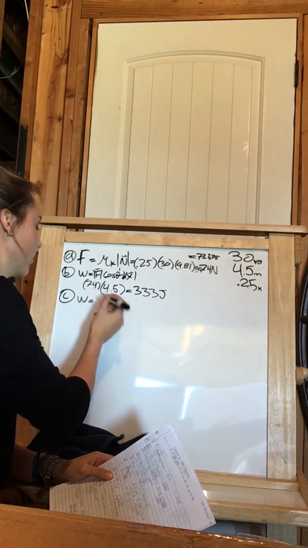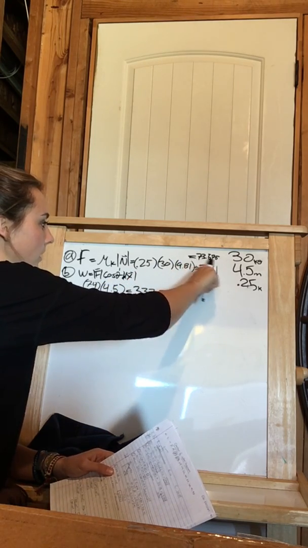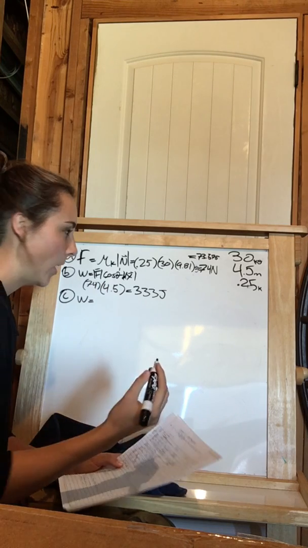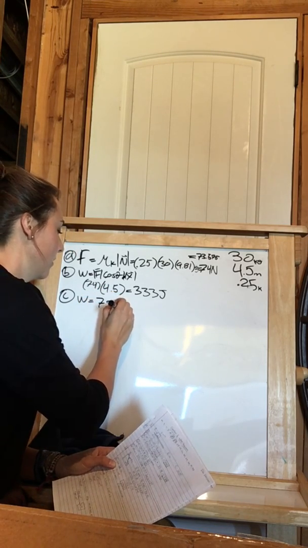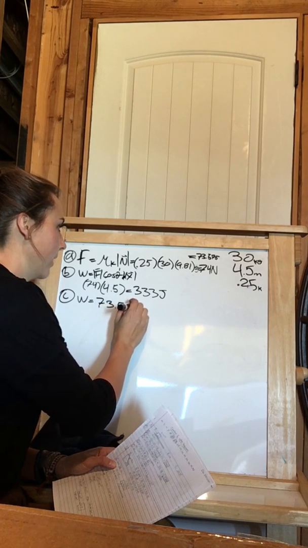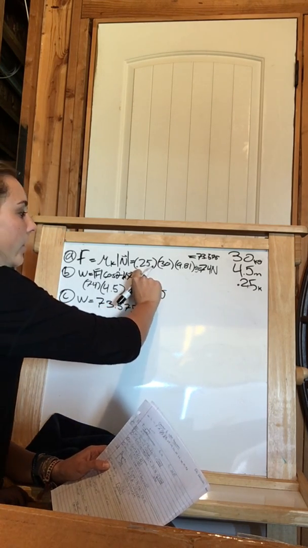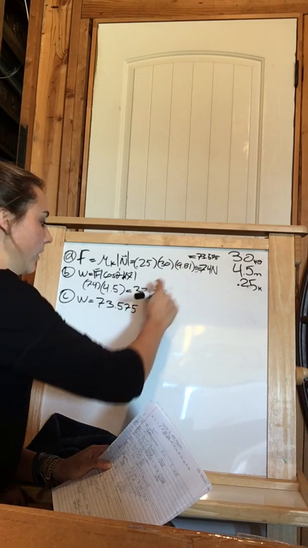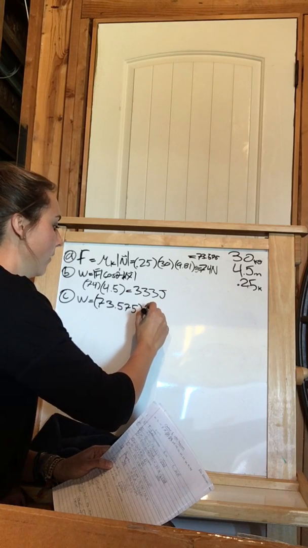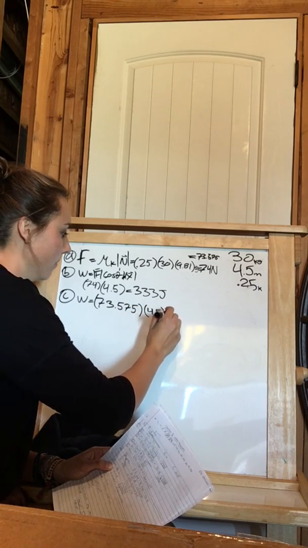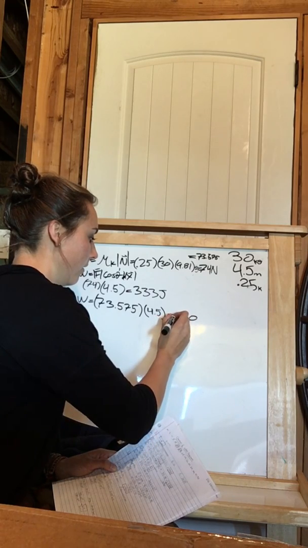So for this one we're going to do the same thing, but we're going to use this value. I don't know why it did it this way, but it did. To get the answers from the back of the book, make sure you use this number, or type this whole thing in your calculator again, and then times it by the 4.5, and it's going to give you negative 330.